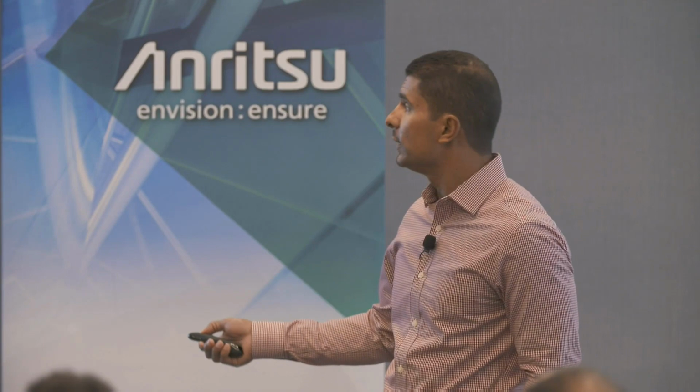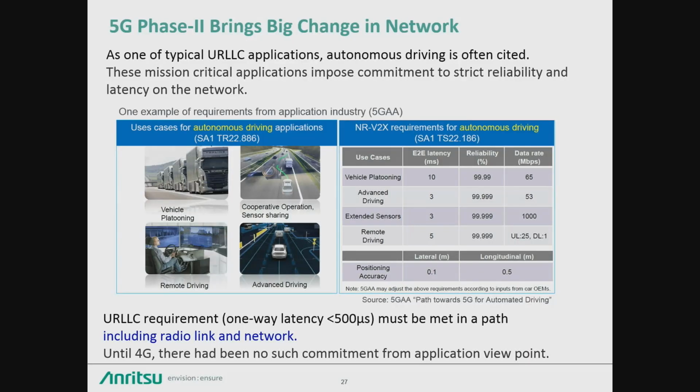This is a fast communication where the vehicle is going to be traveling 65 plus miles per hour, and we have to guarantee things such as latency within 10 milliseconds for vehicle platooning, remote driving as much as 5 milliseconds, and reliability.